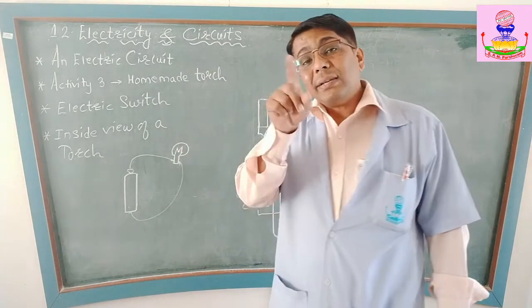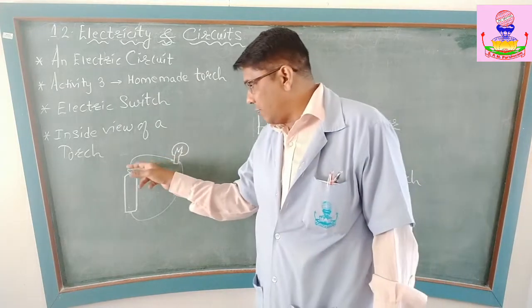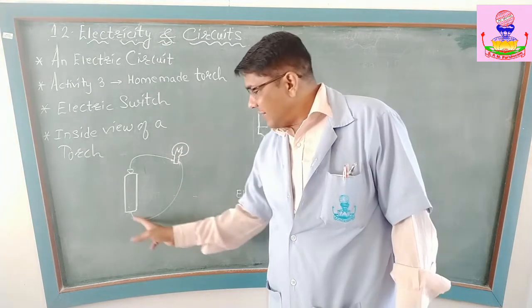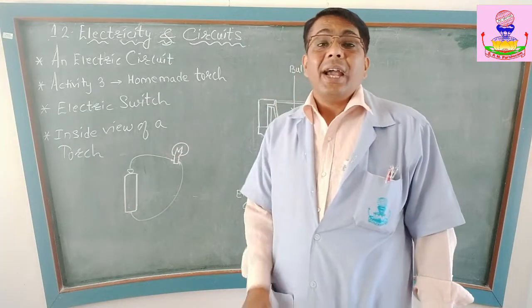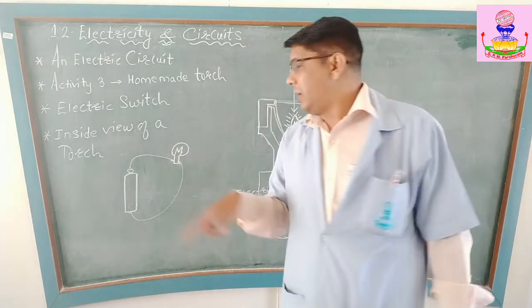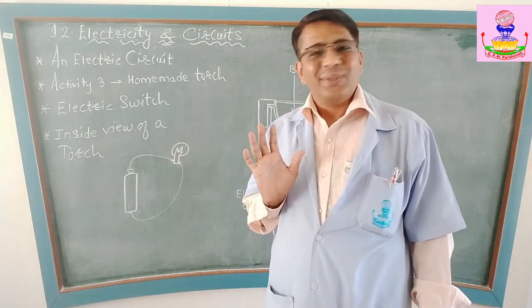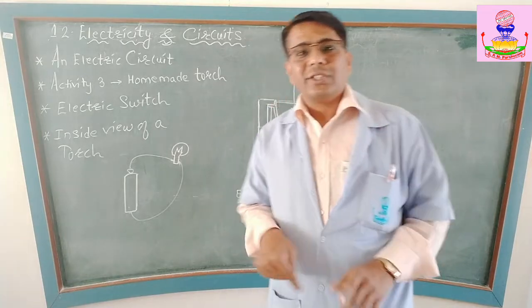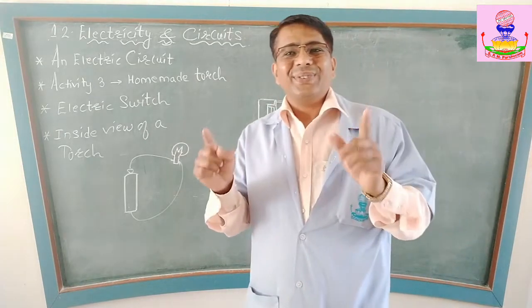The current flows through the conducting wire, passes through the bulb, and comes to the negative terminal. Because of the current flowing, the bulb glows. So when the circuit is complete, current will flow, and if current flows, the bulb will glow. That is the basic idea.